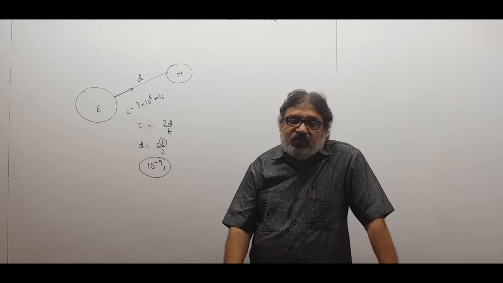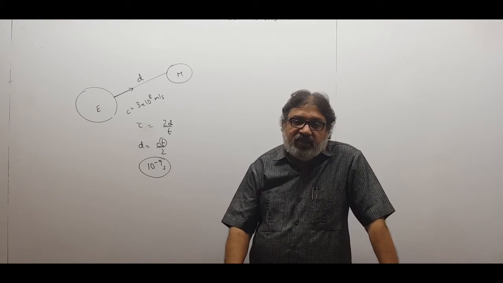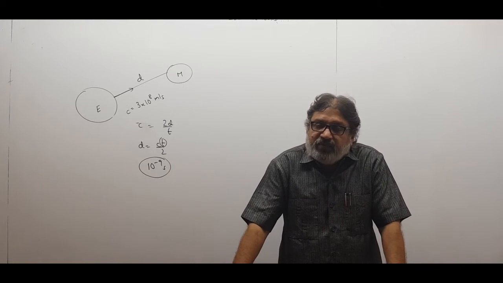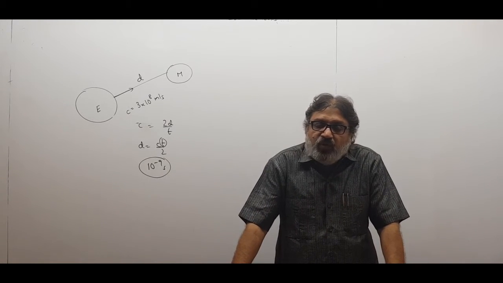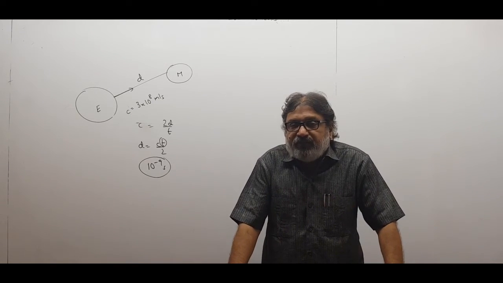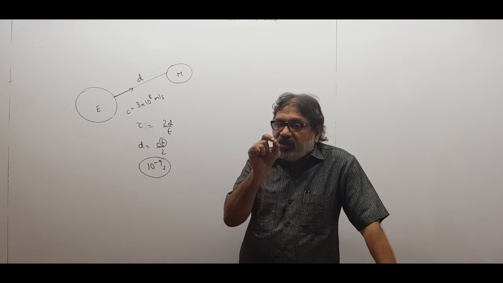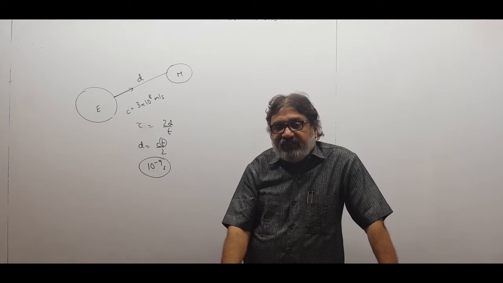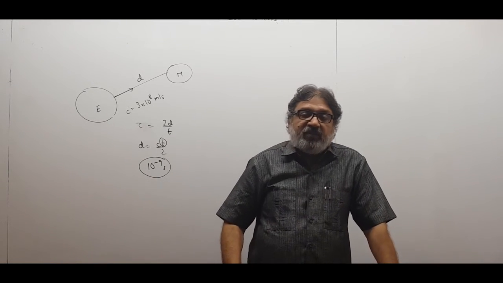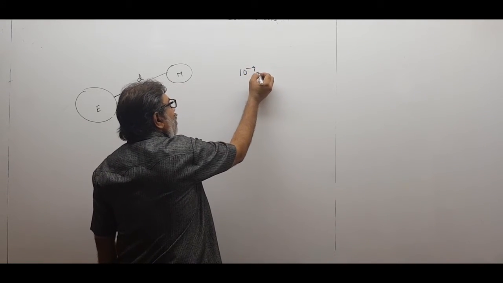Then children, in medical science, there is laser therapy going on these days. Using laser, we are destroying tumors in different parts of a person's body. To locate the exact location of the tumor inside the body, we need precise measurement of length, to the order of 10 raised to minus 9 meter.